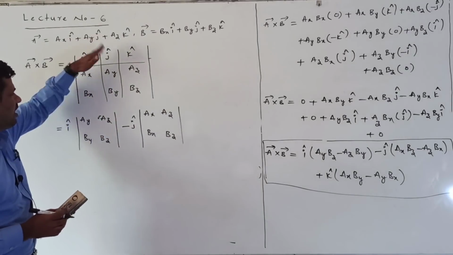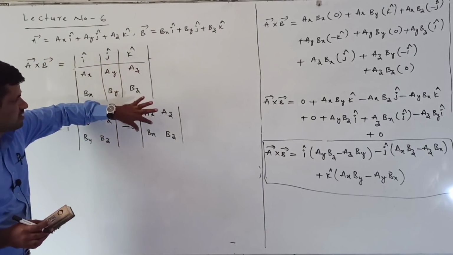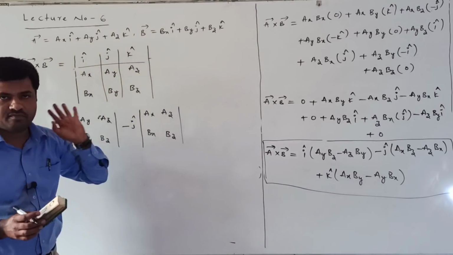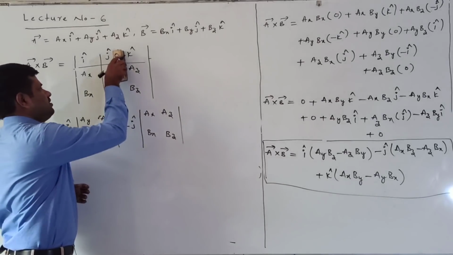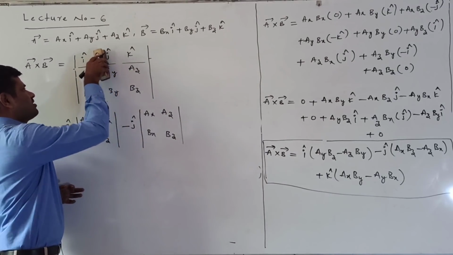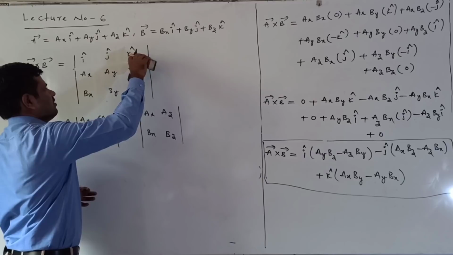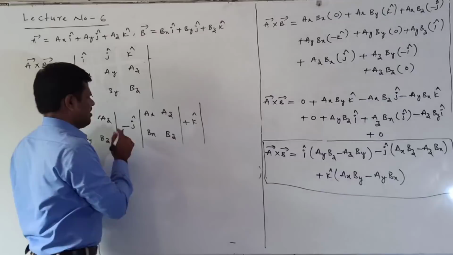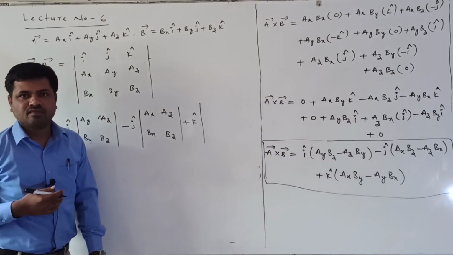For j cap, leave the row and column and write down Ax, Az, Bx, Bz. The signs go plus, then minus, then plus. Next is plus k cap.